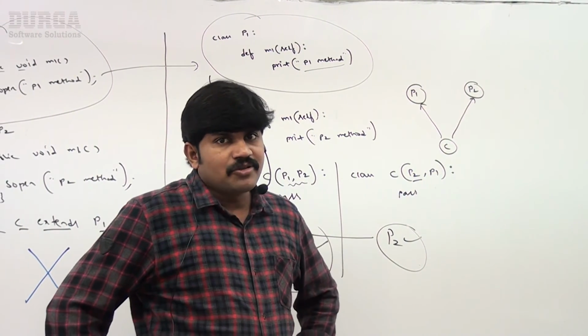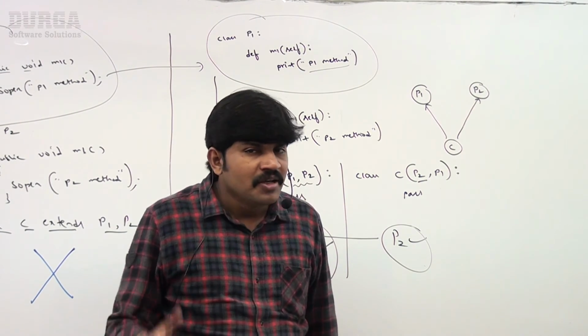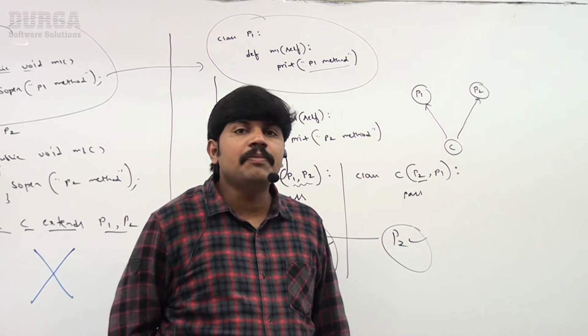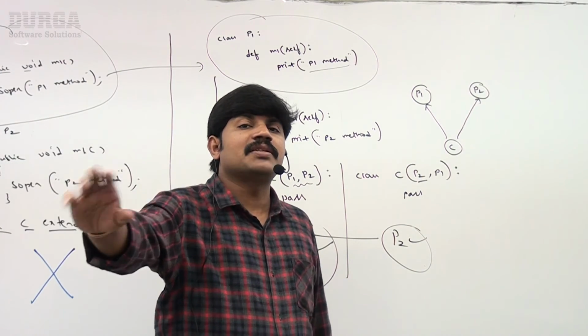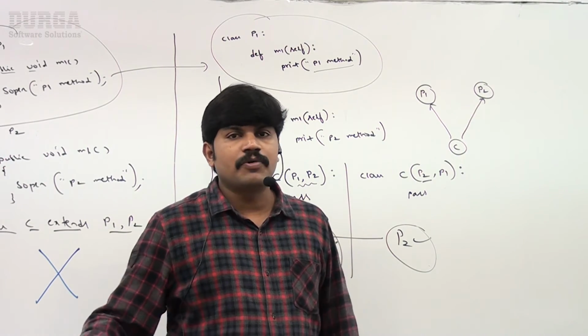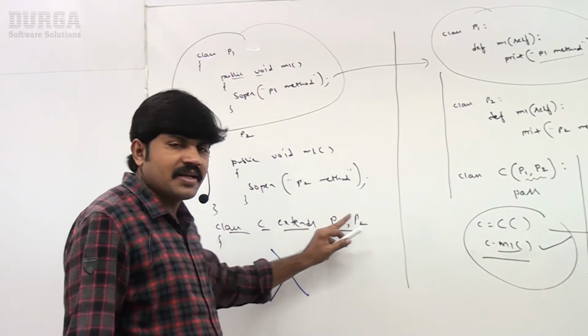Is it clear? So in Python, multiple inheritance problem is solved beautifully, but in Java there is no way to solve this problem. Maybe in Java 15th or 16th version, Java people may say Java will provide support for multiple inheritance, based on the order of parents declaration.